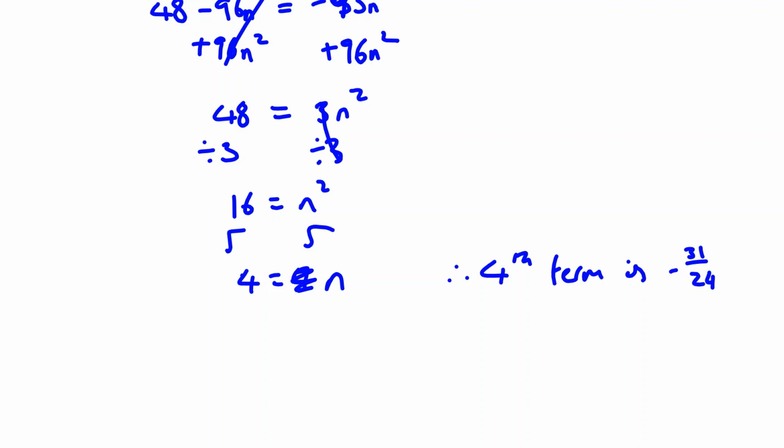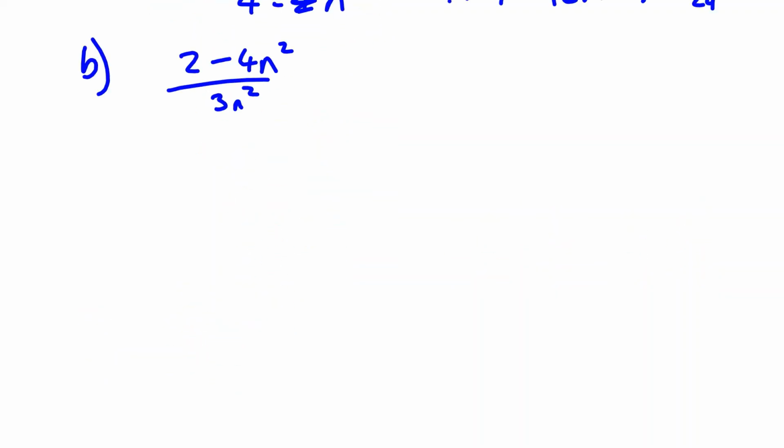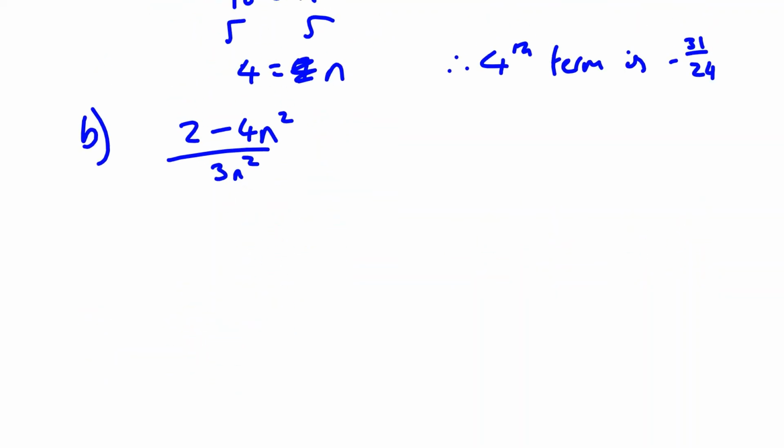So that was part A. Part B was our limiting value. So we've got 2 minus 4n squared over 3n squared, and we want the limiting value as n tends to infinity.